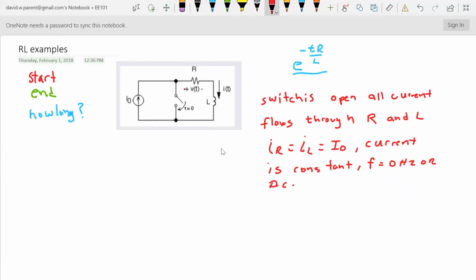If it's DC, the frequency is 0, and ZL equals SL. If we substitute S equals J omega, and omega equals 0 radians per second, then SL equals 0. So effectively that's a short at time equals 0.